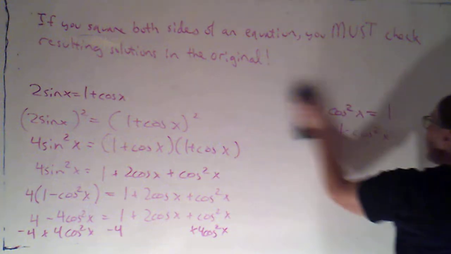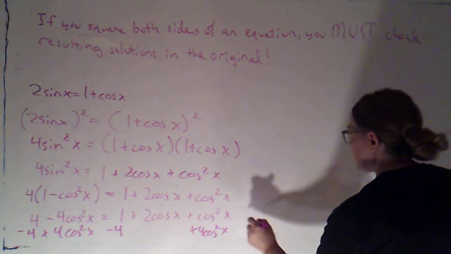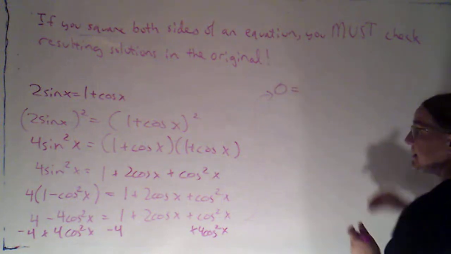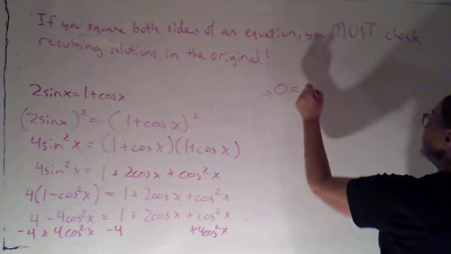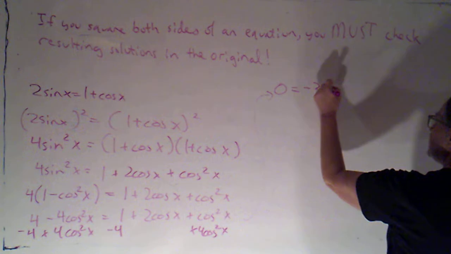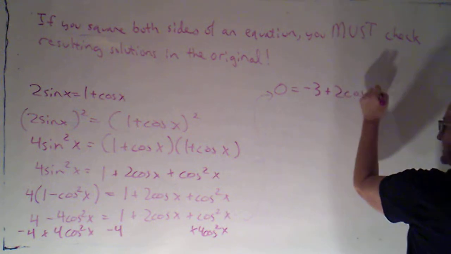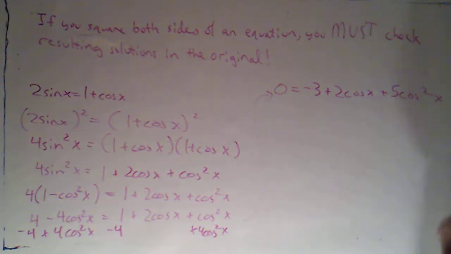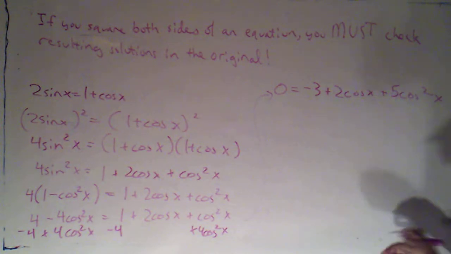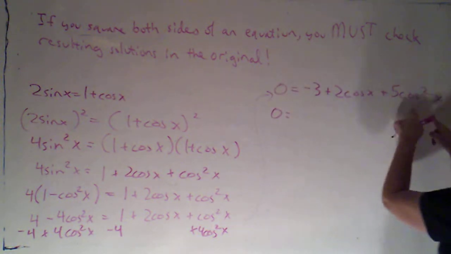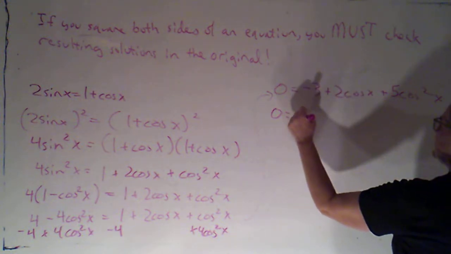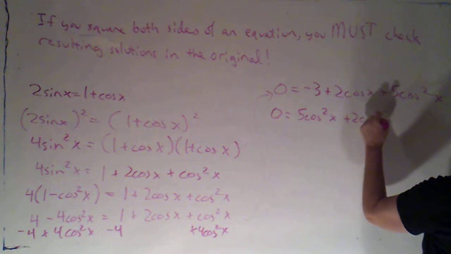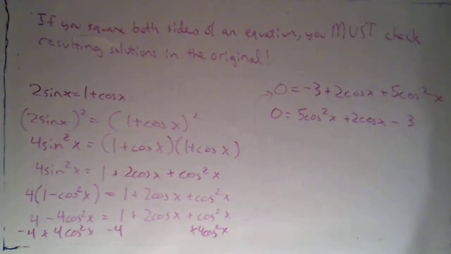So when I do that, let's come up here, I'm going to have 0 is equal to -3 plus 2 cosine of x plus 5 cosine squared x. Now, I'm going to just rewrite that. I like to have the squared term first. So 5 cosine squared x plus 2 cosine x minus 3.